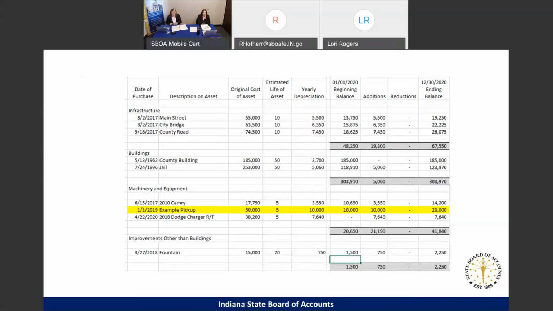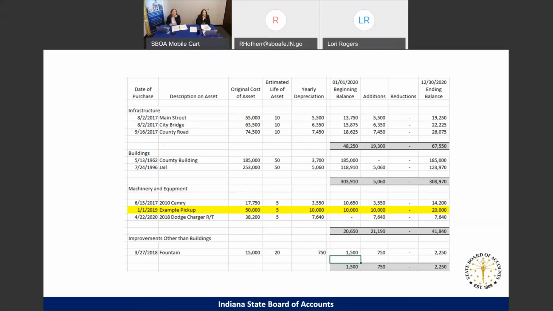Because you're going to do this for every single asset that you have, and this is a very simplified version of it. But for each asset that you have on your list, you're going to calculate this accumulated depreciation. So our pickup is in here. I think this was year 2, not year 3. I should have done year 2. So in year 2, this is our depreciation schedule.